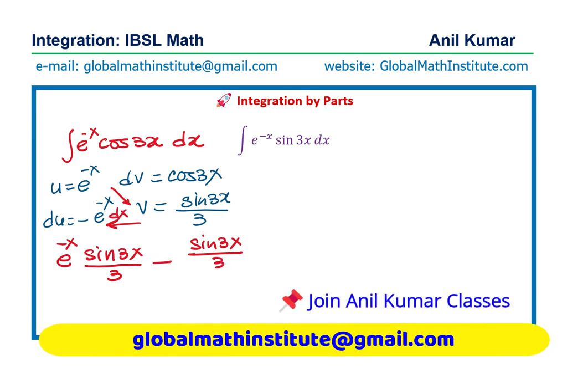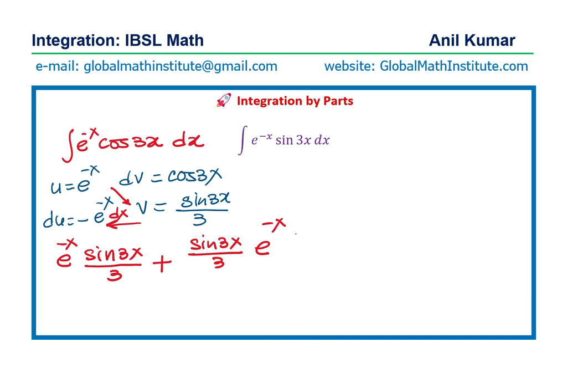I forgot to write dx here. Minus will make this plus, with the integral of e to the power of minus x dx. Do you see that? So what we get here is the part which we were looking into. Same integral. So if I say that this integral is I, then this integral is also related to that. Perfect? Correct?